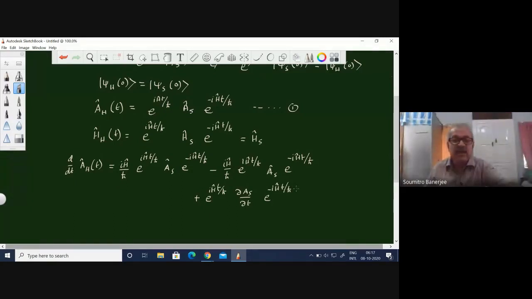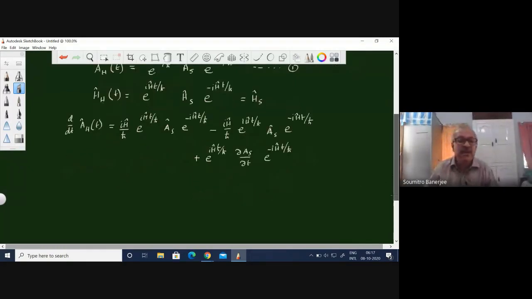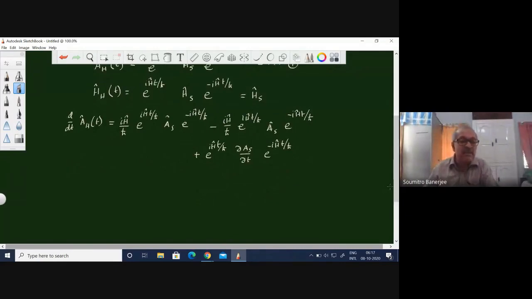So now we have a situation where we can simplify these, and the simplification happens because the Hamiltonian operator commutes with the exponential, and therefore the Hamiltonian operator can be brought here. So this essentially becomes i by h cross, and when it is brought to the other side, these terms cancel off.